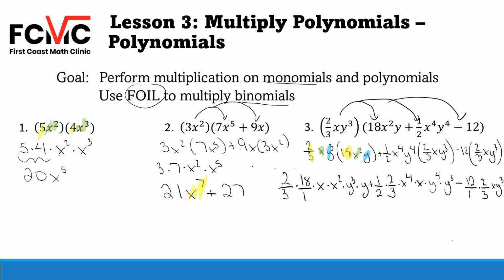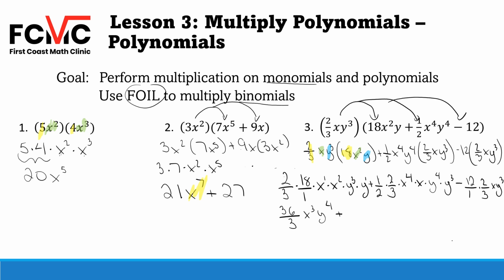All right, so let's go left to right and multiply this. 2/3 times 18 over 1 is going to give me 36 over 3. x to the first times x to the second is going to give me x to the third. y to the third times y to the first is going to give me y to the fourth, plus 1/2 times 2/3.